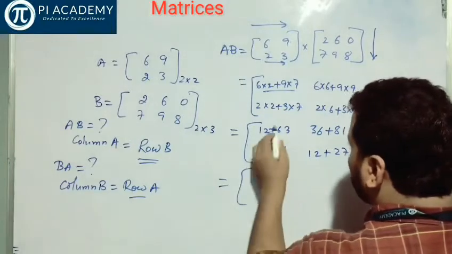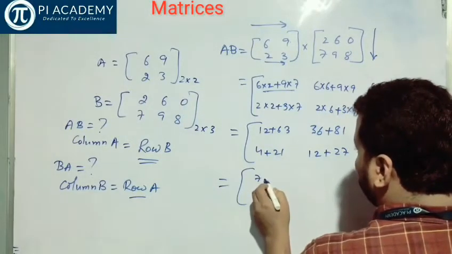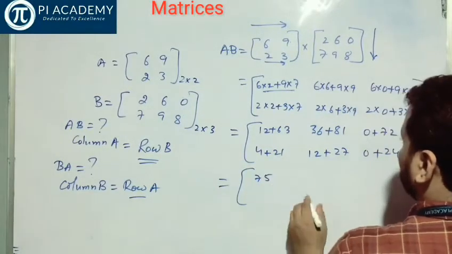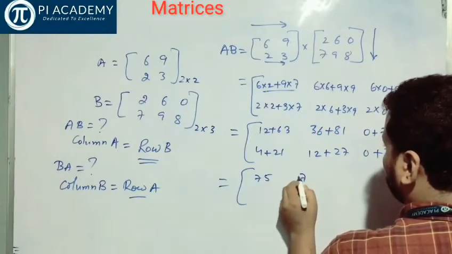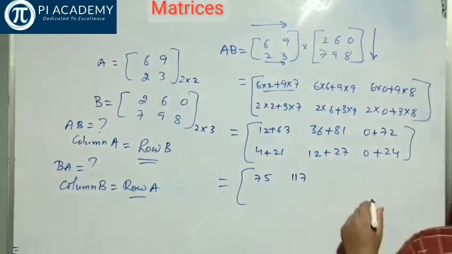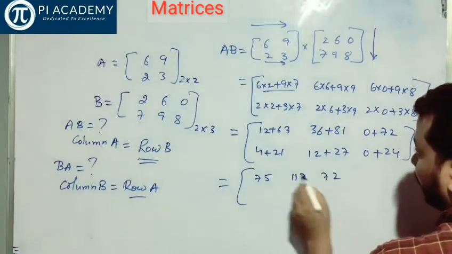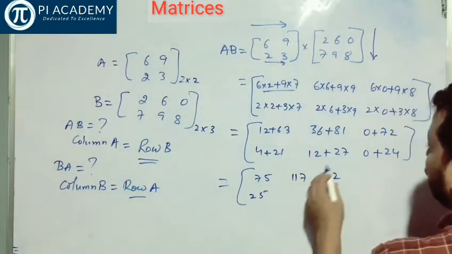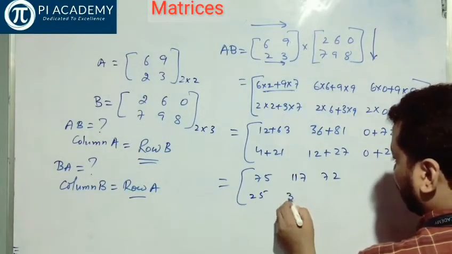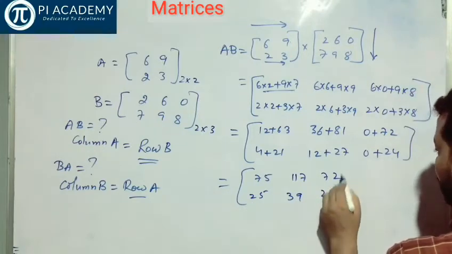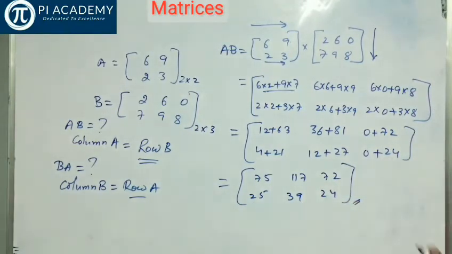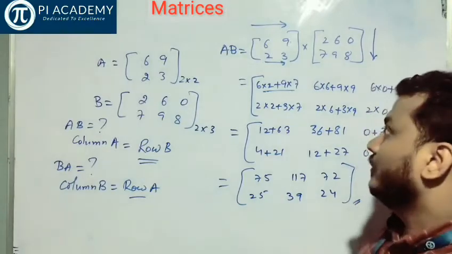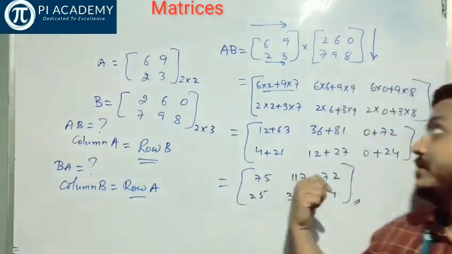So this will come as 75. Next will come 107. Next is 72 only. Here 25, 39, and this is 24. So this is your matrix for A into B. If you multiply, you will get this as A into B.